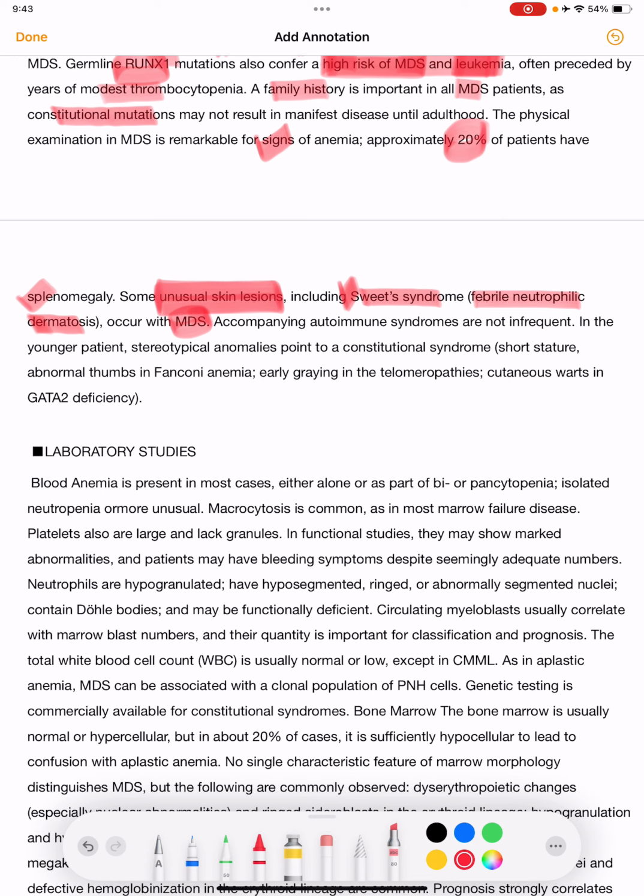Accompanying autoimmune syndromes are not infrequent. In a younger patient, stereotypical anomalies point to a constitutional syndrome.